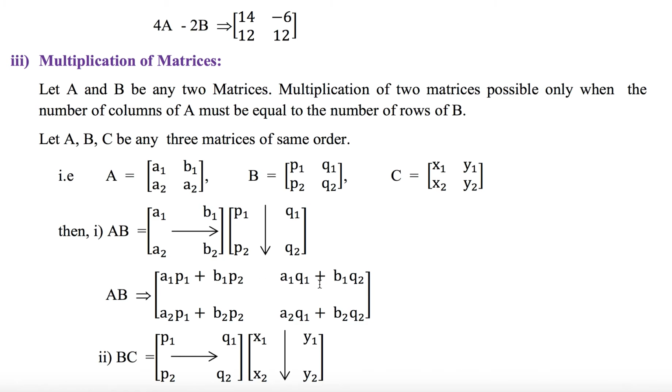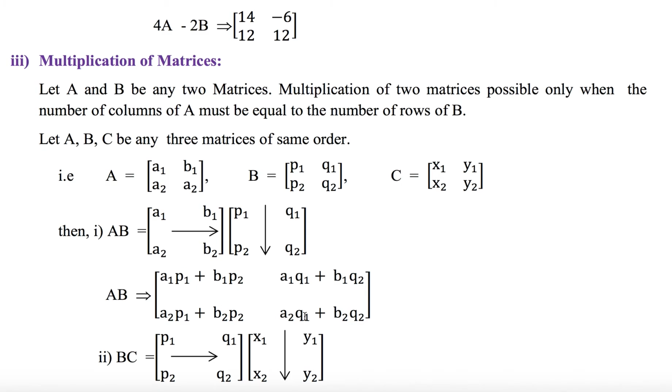Second element is A1 Q1 plus B1 Q2. That means the first row must be multiplied with the second column. Now you want the second row, first column element. Then the second row of A must be multiplied with the first column of B. So A2 P1 plus B2 P2.